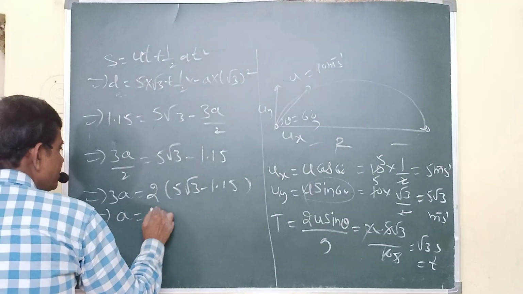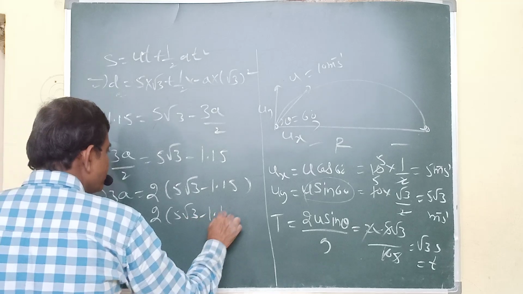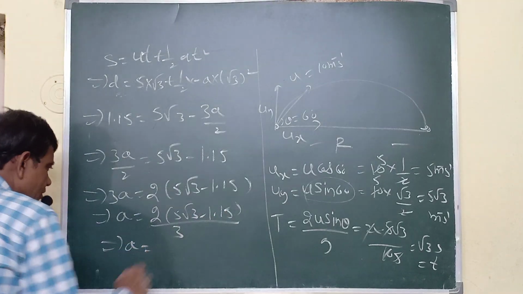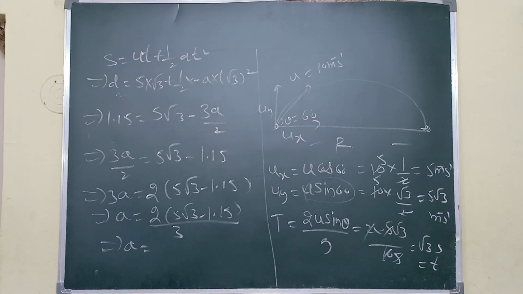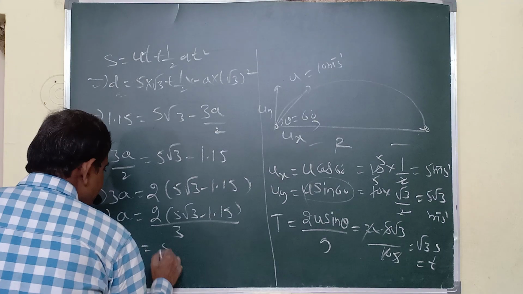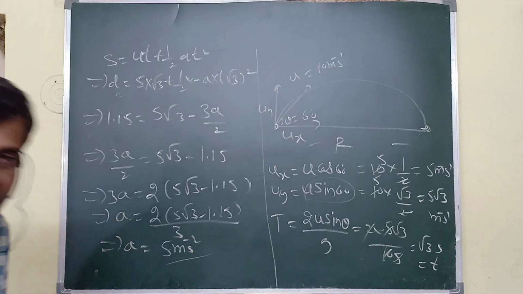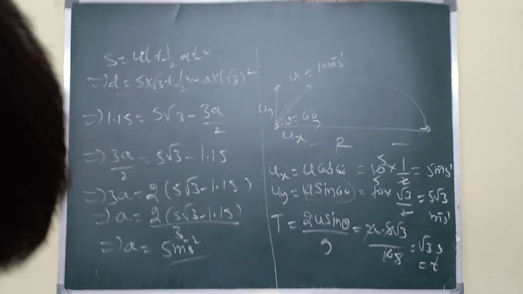Now the acceleration is 2 into (5 root 3 minus 1.15) by 3. That is the acceleration of the train. After doing the mathematics, we get 5 meters per second square. That is the acceleration of the train.